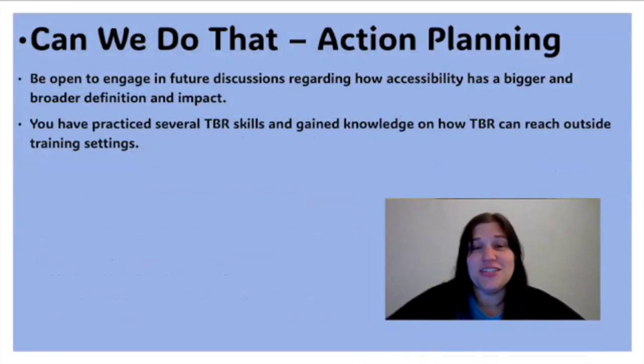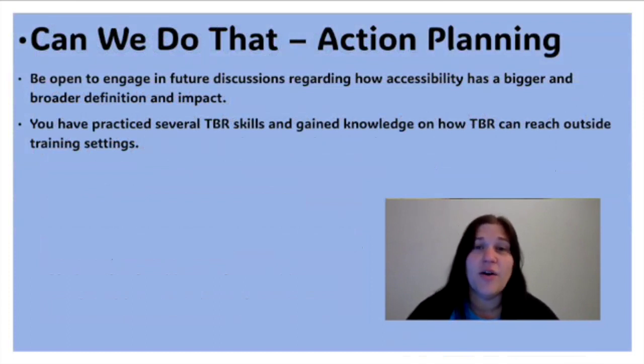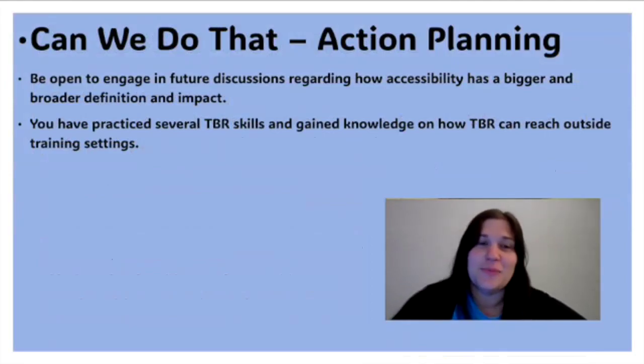And that definition and the impact of it is so much more than just those visual things that we think of or movement limitations that we think of. And secondly, that you've practiced several training from the back of the room skills, heard a little bit about the principles in the 4C map, hopefully piqued your curiosity and gained knowledge of how TBR skills and principles can reach outside of a training or learning environment.